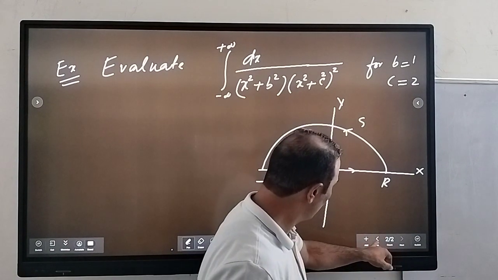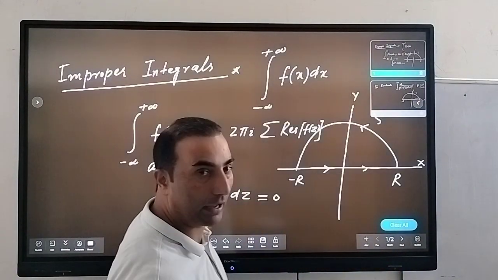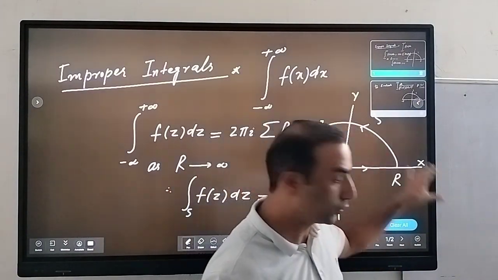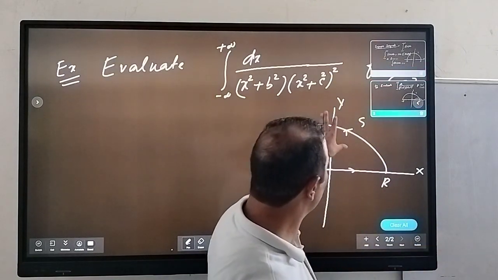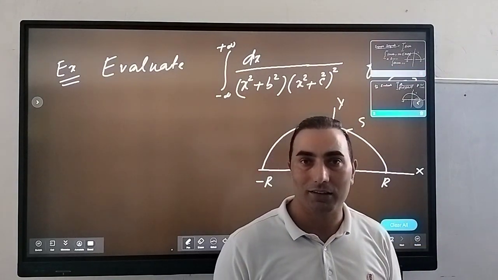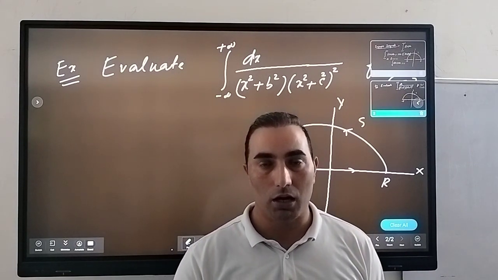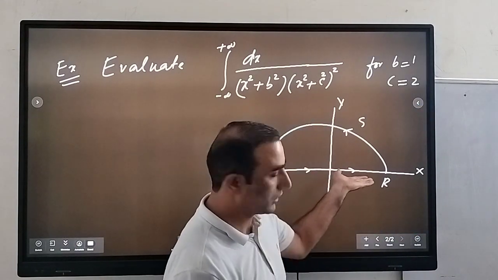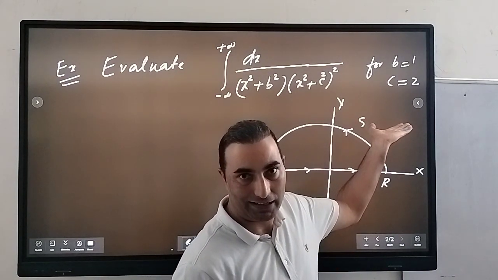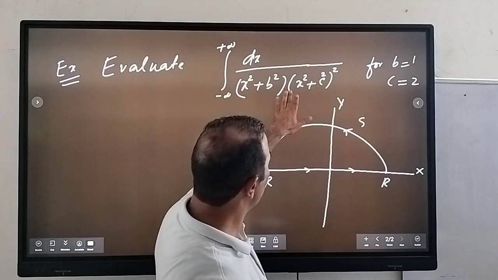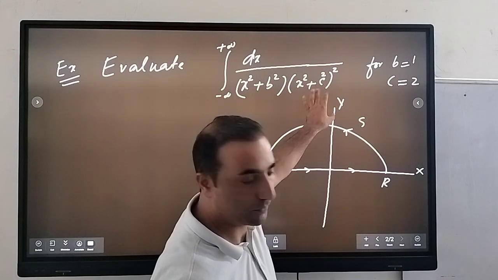If you remember, the value of this integral is 2 pi i times the sum of residues. So that means we need to find the residues here. We can have a finite number of singularities or poles, because we are only covering the upper half of this real axis, right? So first of all we need to calculate the poles for this function, right?